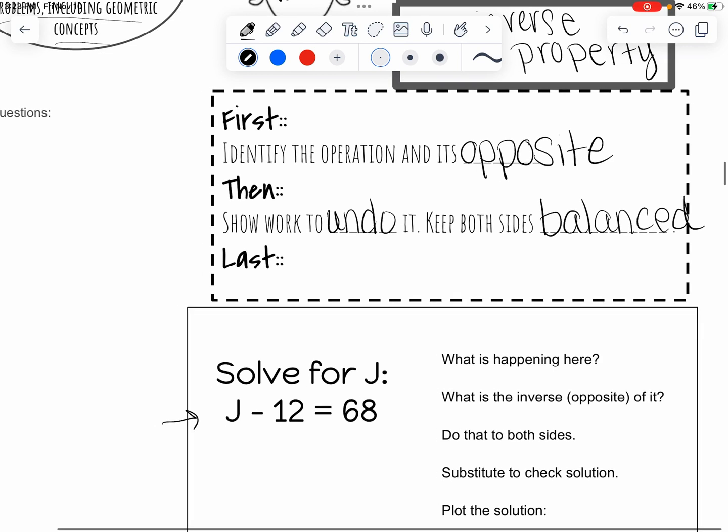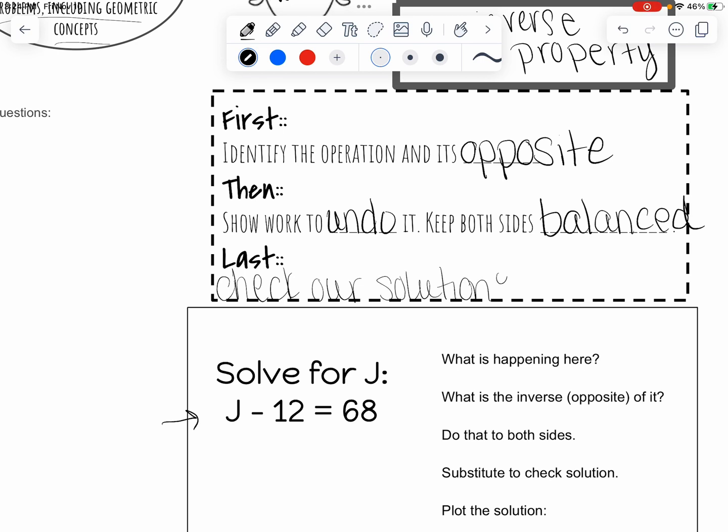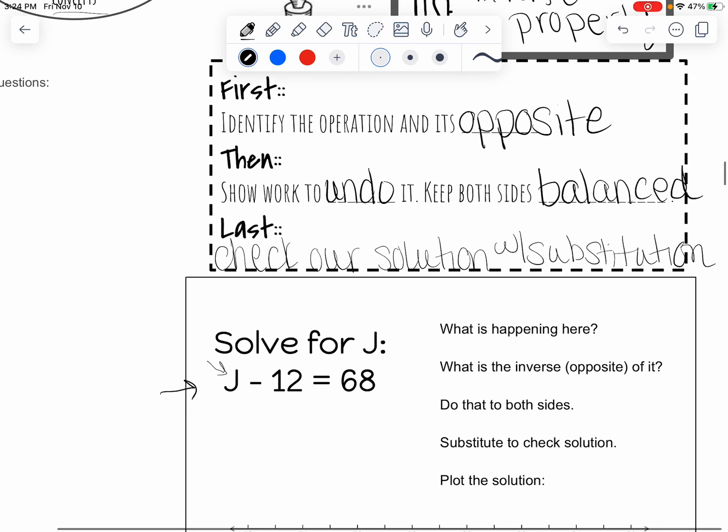Last, we're going to check our solution with substitution. We're going to take our solution and substitute it in for the variable to make sure that it checks out.